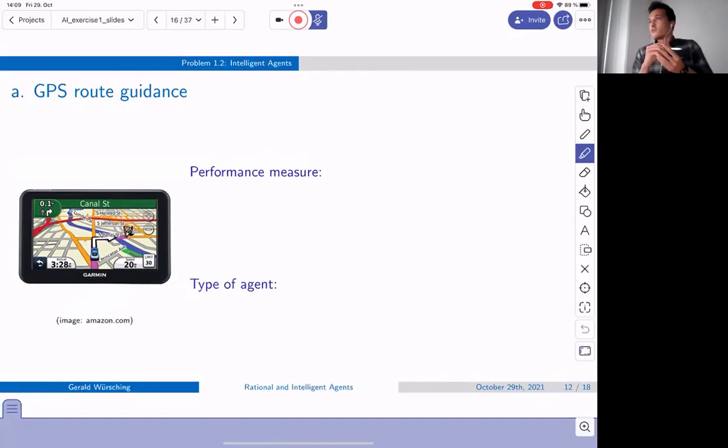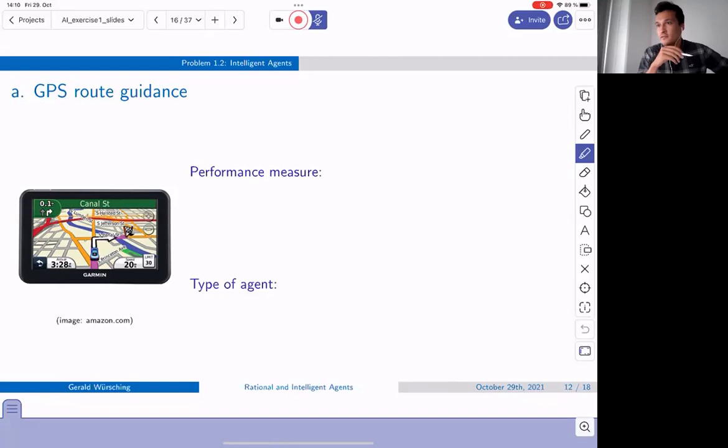This is something you could write in the Zoom chat. You could write some examples of performance measures that would be good for a GPS route guidance system. Yes, time, distance, travel time, fastest, shortest route, exactly. Time to get to the goal, duration, gasoline, very good. Fastest route, traffic, I also see, very good.